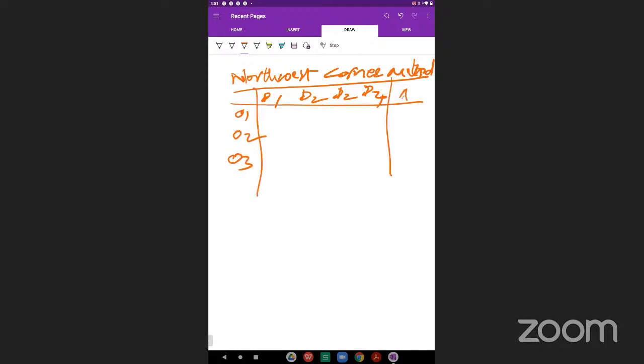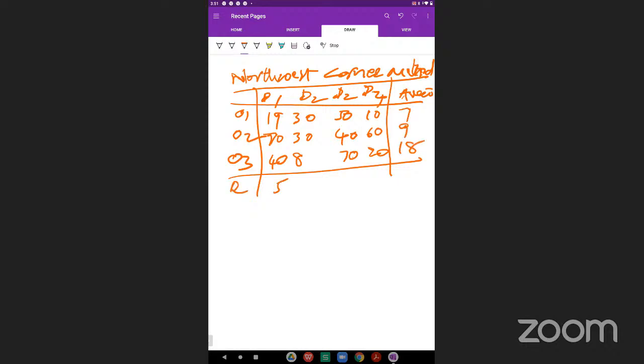For origin 1 the costs are 19, 30, 50 and 10, for origin 2 they are 70, 30, 40 and 60, and for origin 3 they are 40, 8, 70 and 20. Availability is 7, 9 and 18. Requirement is 5, 8, 7 and 14. So this is the transportation problem he will give.